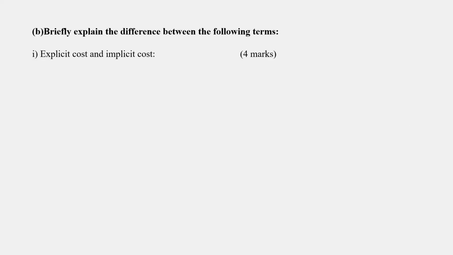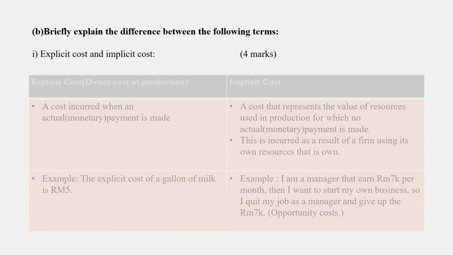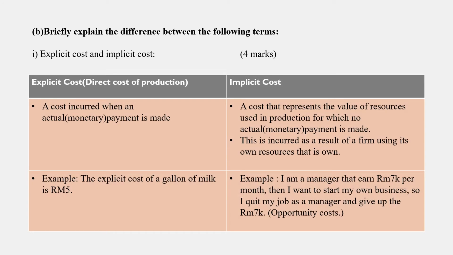B. Briefly explain the difference between the following terms: explicit cost and implicit cost. Explicit cost is a cost incurred when an actual monetary payment is made. Example, the explicit cost of a gallon of milk is 5 ringgit.